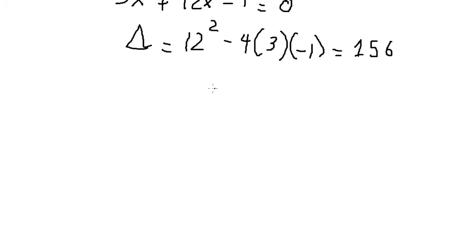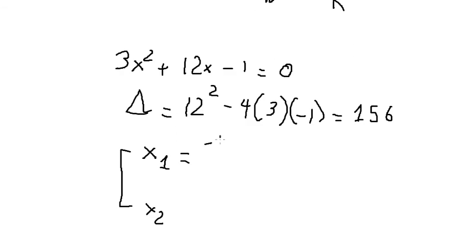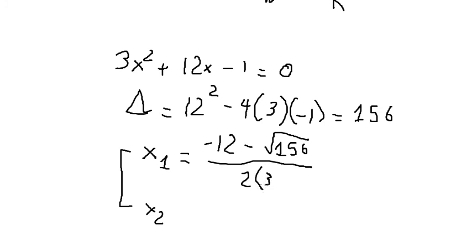So we have two solutions. So we put about negative 12 minus the square root of delta, which is about 156, divided by 2 multiplied with number 3.